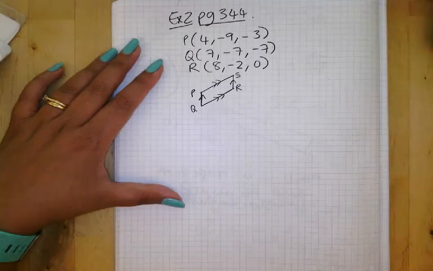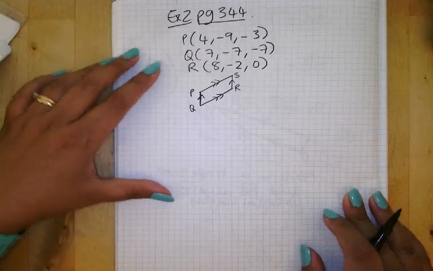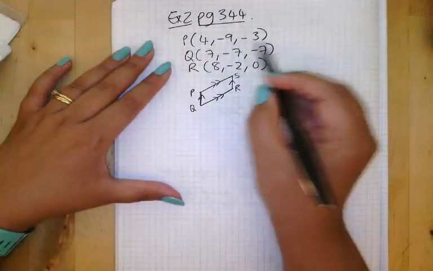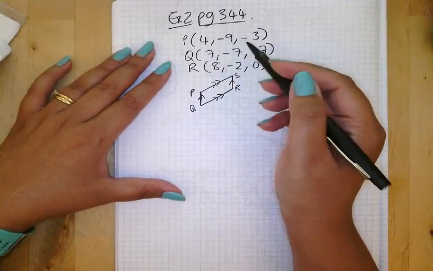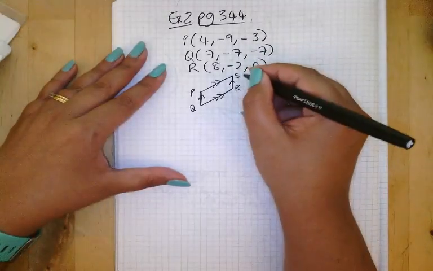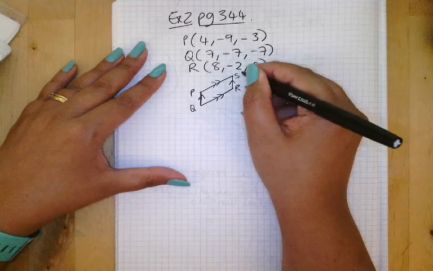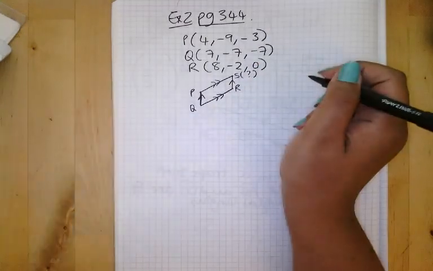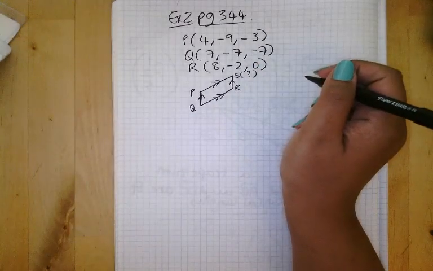Okay, the next example is on page 344, and it says P, Q, R are these points respectively, find the coordinates of the point S. So this point is unknown, so that PQRS forms a parallelogram.